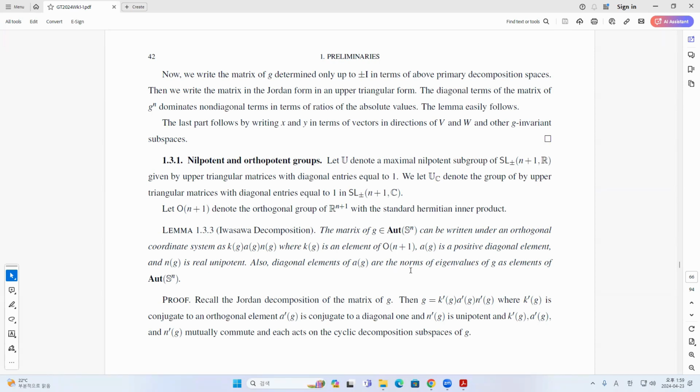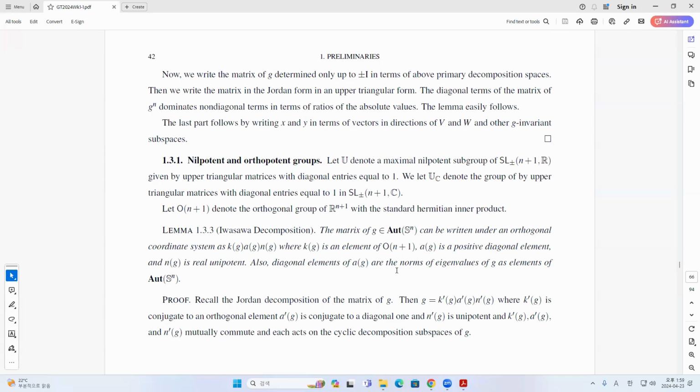Of course, this orthogonal system does depend on G. So that's one thing you need to know. The proof is kind of long, but the Iwasawa decomposition itself is very easy. It's in standard books like Helgason, but of course they don't have this property like what I said here.